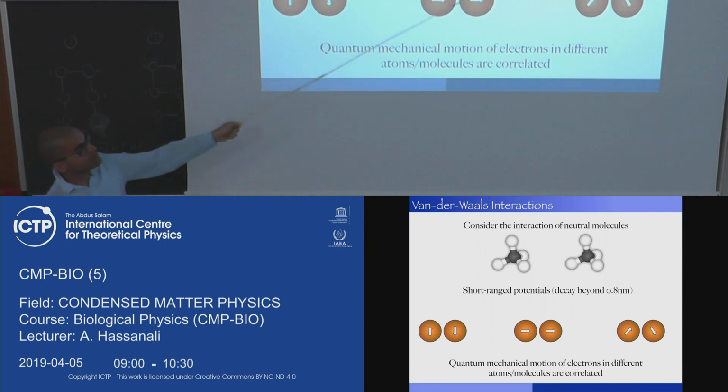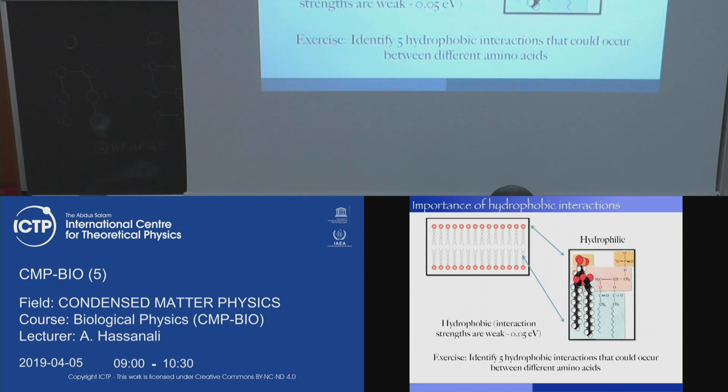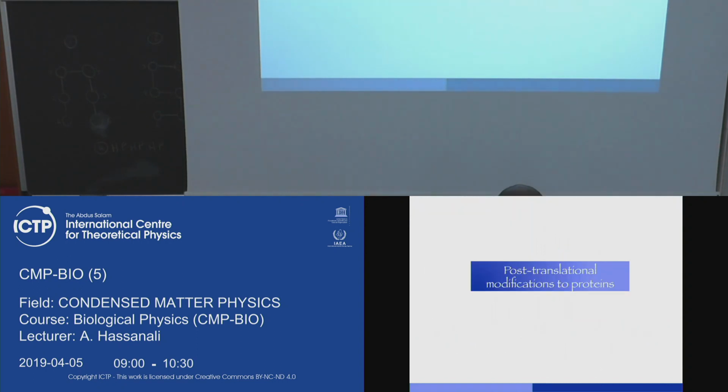Van der Waals interactions scale as 1/r^6, and they come from induced dipole interactions. Okay, fine. So that's a bit of review. Do you have questions before I move on?